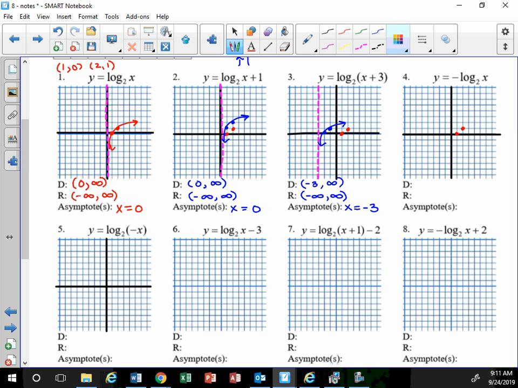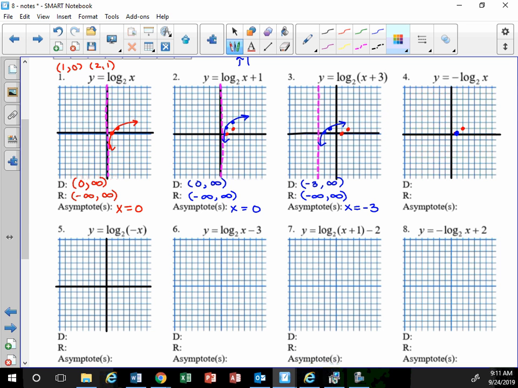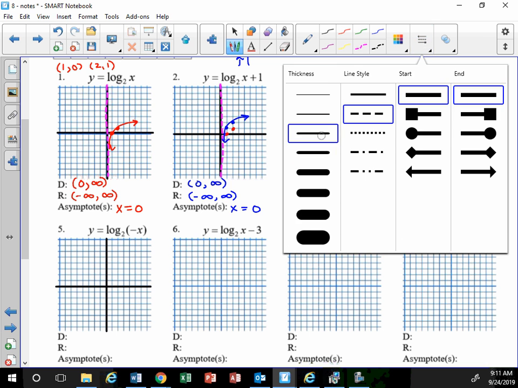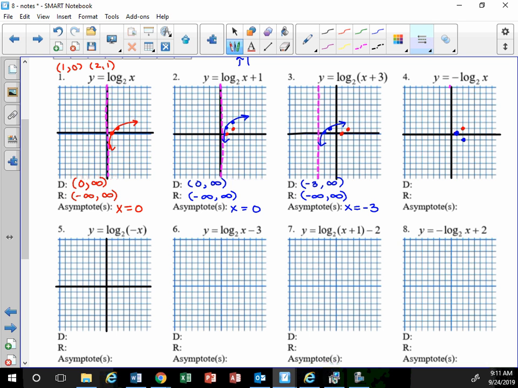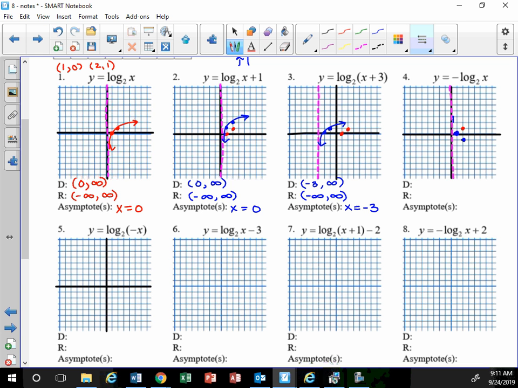So the point that's on the x-axis isn't going to go anywhere. Your other point will flip down there. Does your asymptote change at all? No. Your graph's upside down now.